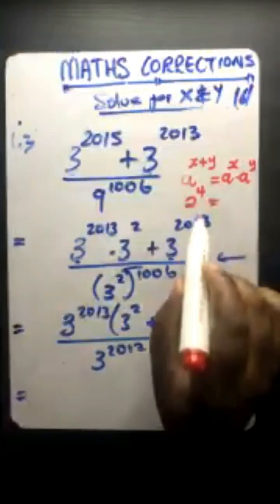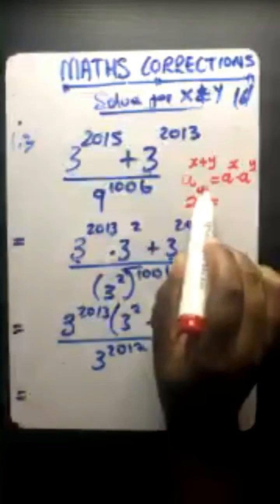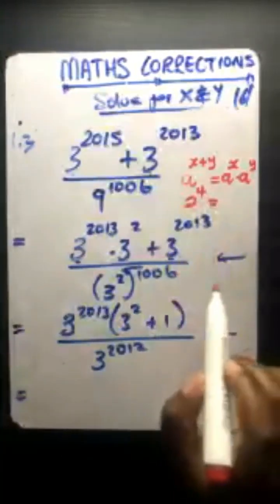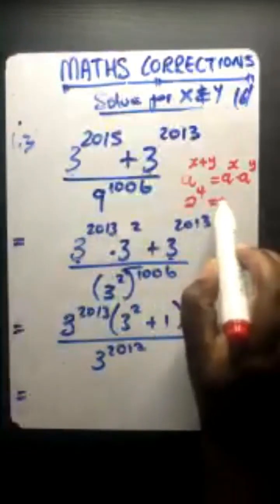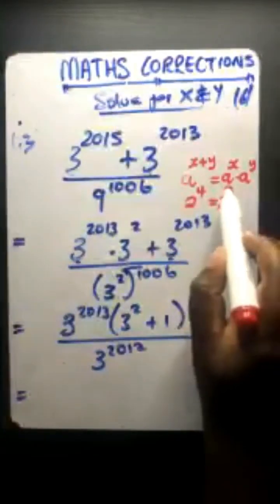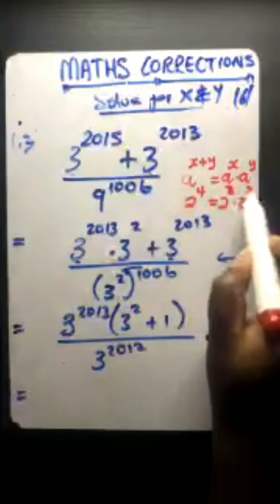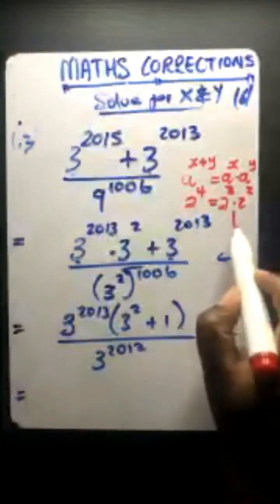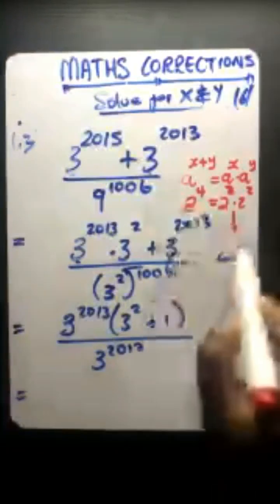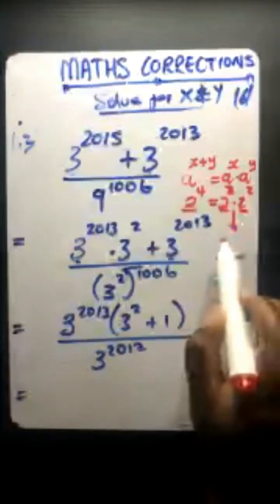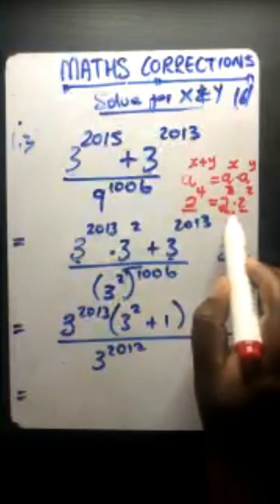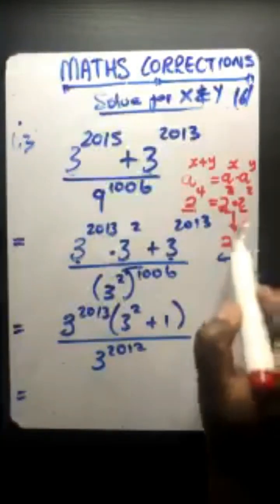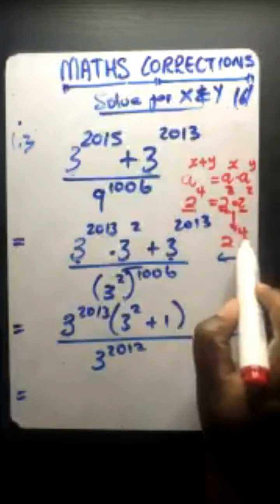So what I did was just to try and separate that 4, to rewrite it the way in which it suits what I want to do. So 2 to the exponent 4, you can still write it as 2 to the exponent 2 times 2 to the exponent 2. Because you know that this thing, you can still take it back to there because the bases are the same, meaning it's 2. Then when the bases are the same and you're multiplying in between, you can add the exponents. What is 2 plus 2?